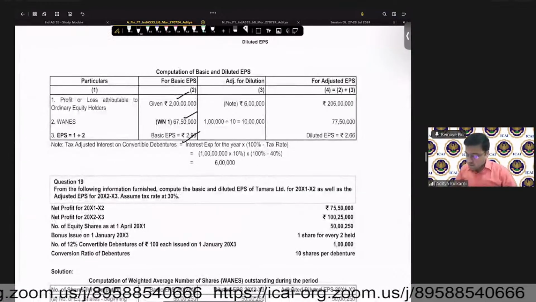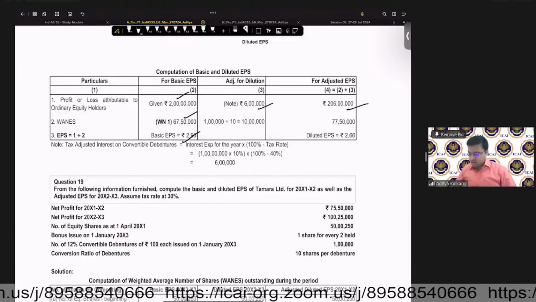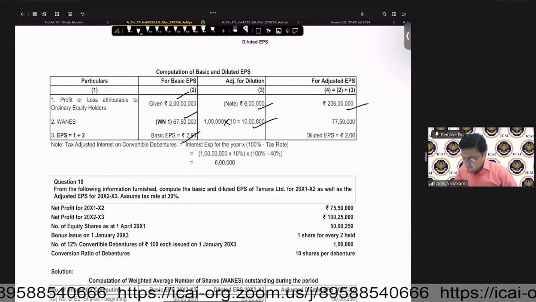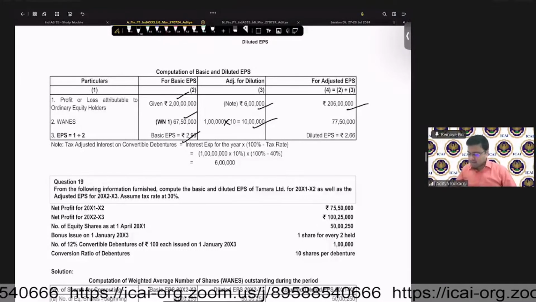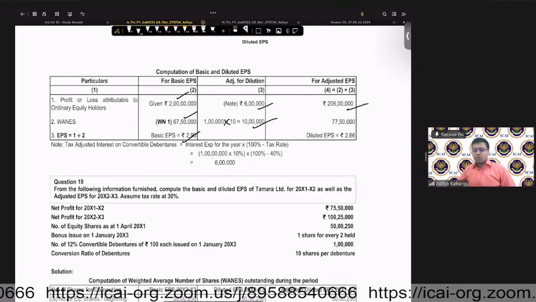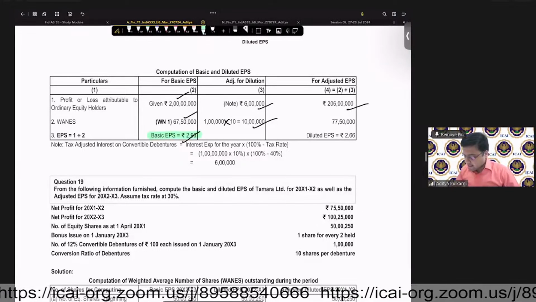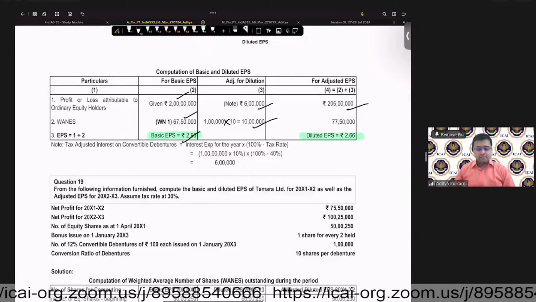So your earnings go up by 6 lakhs, and your weighted average number of equity shares goes up by 1 lakh into 10, so 10 lakhs, making 77 lakh 50. So 2 crore 6 by 7750. Check the basic 2.96, diluted 2.66. So you can report the diluted number.